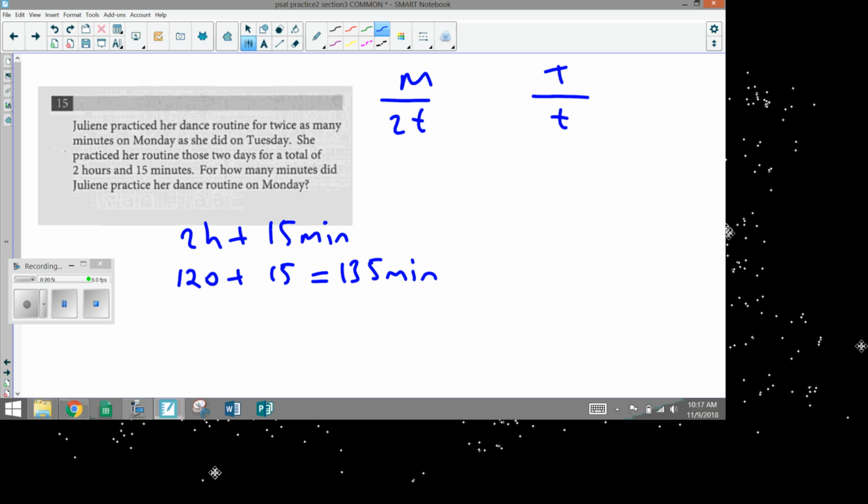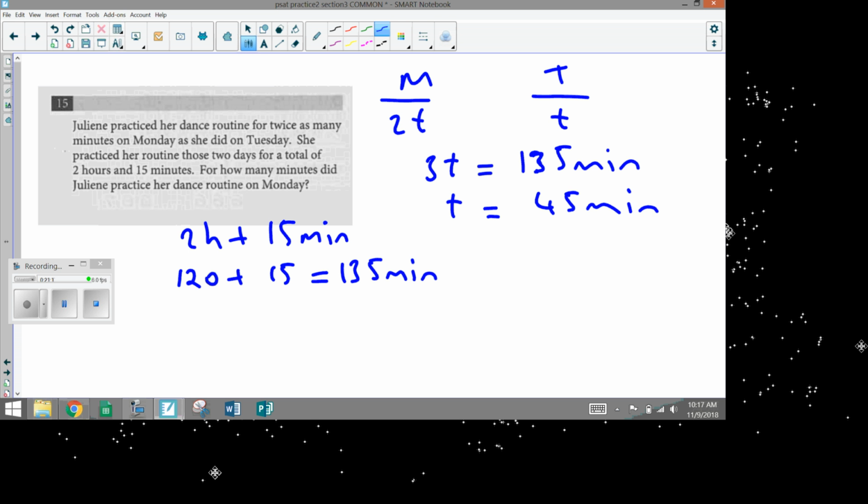So this is the total minutes. How about these in terms of what is the total minutes? 2t plus 1t. That makes 3t. That makes 135 minutes. Okay? So after this, what does t stand for? Divide by 3 to both sides. That makes 45 minutes. Answer is 45?